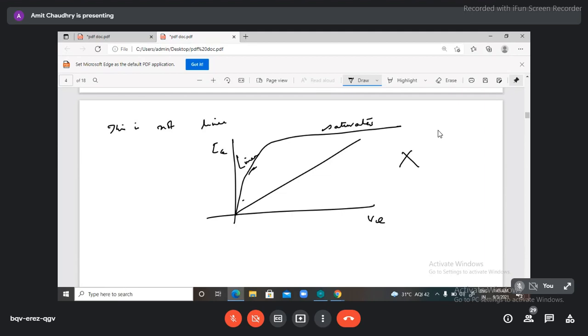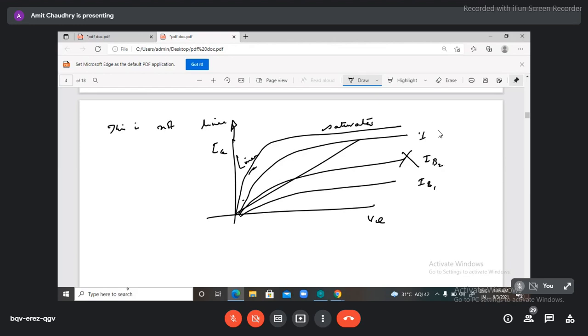Now another thing which we have to look into is that there are several characteristics. Now this is with respect to base current: IB1, IB2, IB3, IB4.